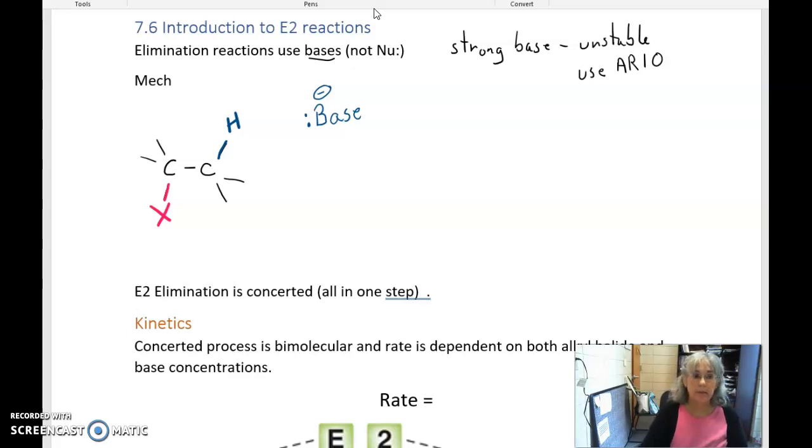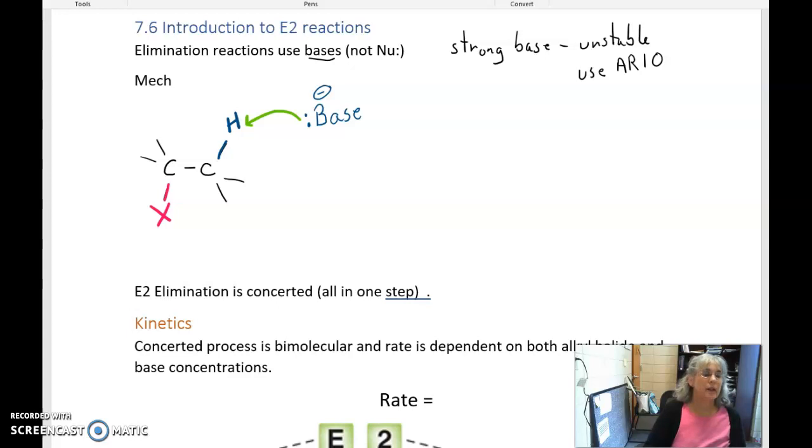Okay, so this is the mechanism. I'm going to change to green here. We have a base, and we have an alkyl halide. The base is going to come in and steal that hydrogen, or that proton, off the side.